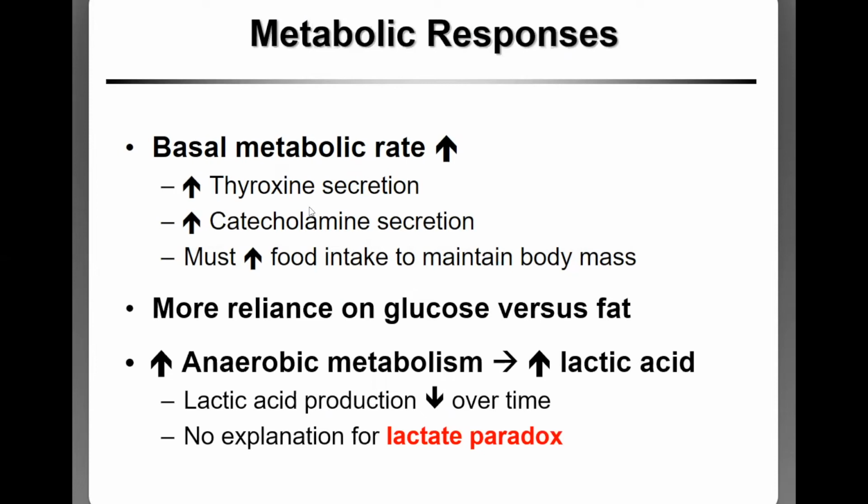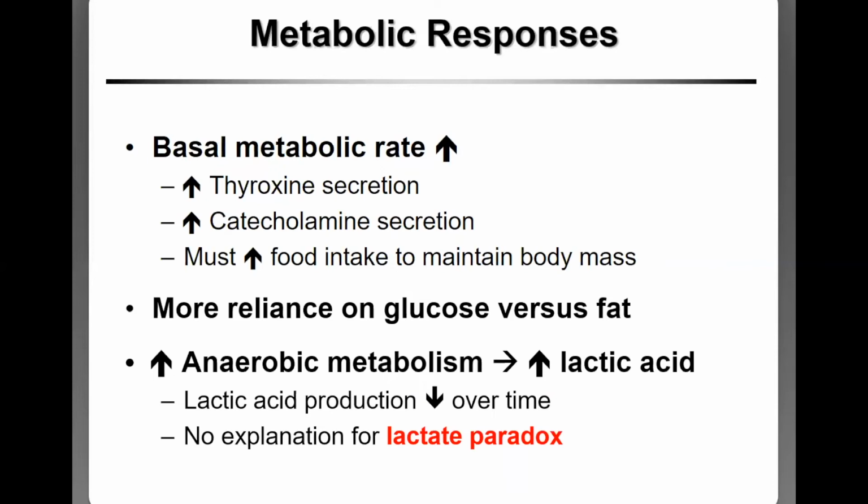This is due to T4 thyroxine. Our HPA axis may also be stressed, and our catecholamine secretion will also go up. So this means that our caloric expenditure at rest is increased at altitude. So we must increase the amount of calories or food we eat to maintain our body mass.